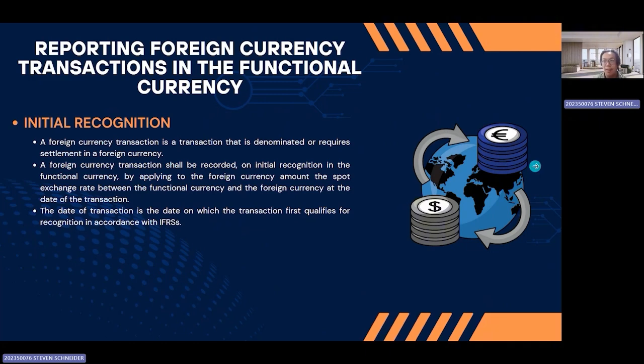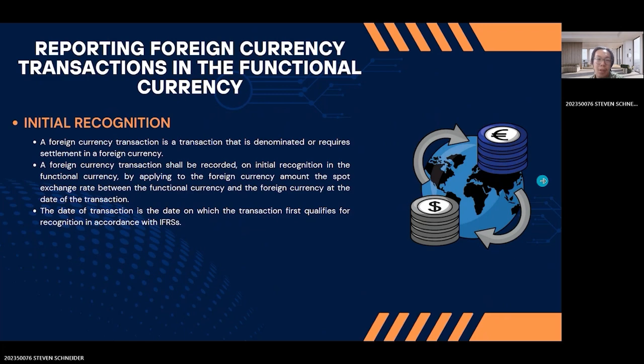For practical reasons, a rate that approximates the actual rate at the date of the transaction is often used. For example, an average rate for a week or a month might be used for all transactions in foreign currency occurring during that period. But if the exchange rate fluctuates, the use of the average rate for the period is inappropriate.